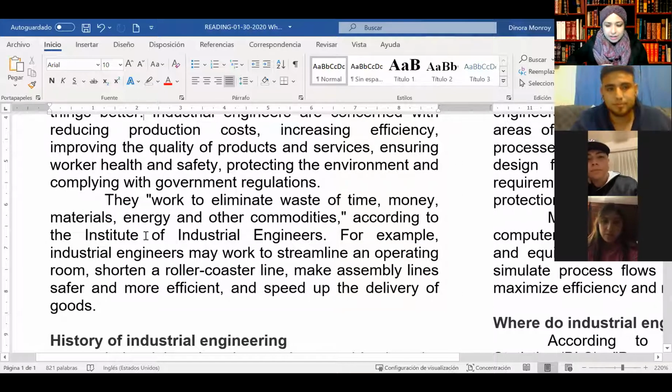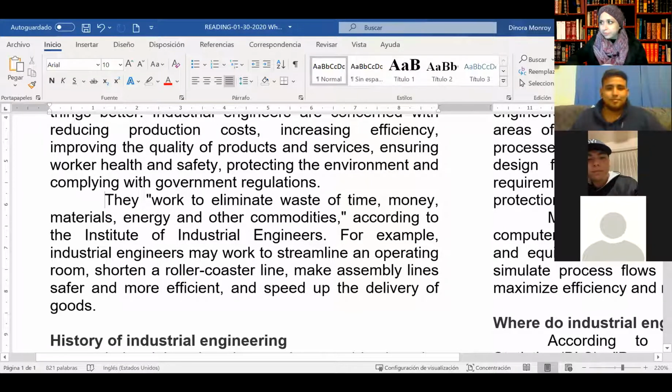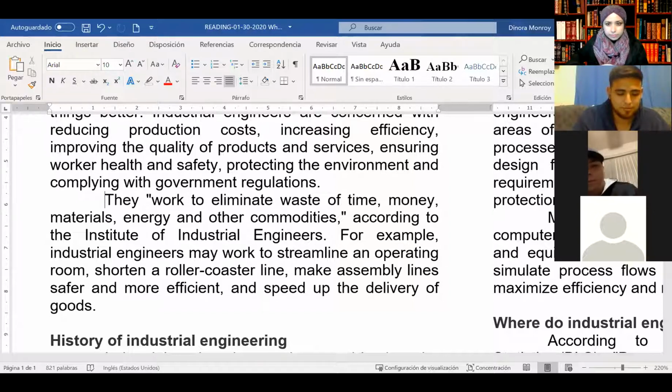They work to eliminate waste of time, money, materials, energy, and other commodities, according to the Institute of Industrial Engineers.